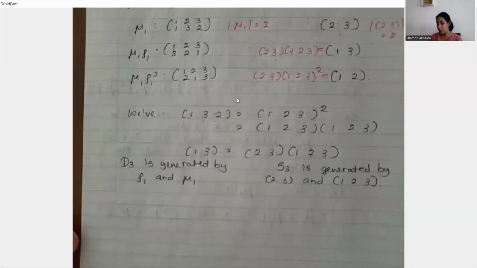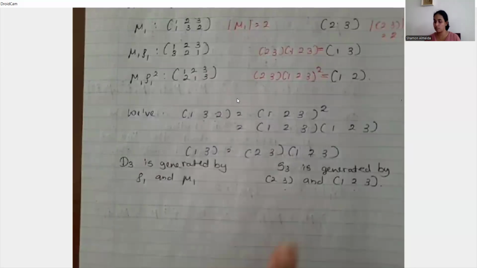These two elements. So S3 has two generators, this one and this. Okay, now to see that these two are isomorphic, we need to understand what an isomorphism means between the two groups, right? In order to do that, we will learn homomorphisms. So our next topic would be homomorphisms.